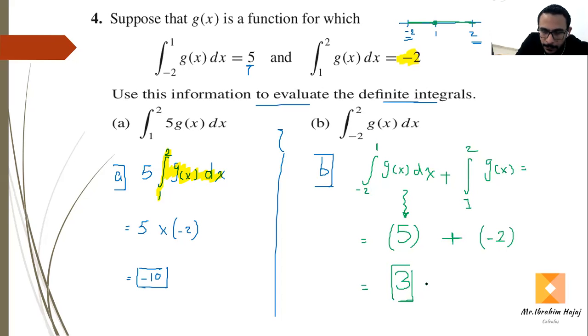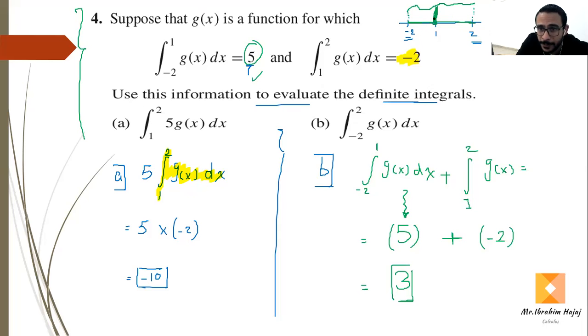But I got confused, where did we get the 5 from? It's given up here, Mr. Here's the whole question, Number 4. Suppose that g of x is a function. It's substitution, yes. It's given the area under this curve. Imagine it like this. I confused it with the question we solved in the first session, where you do plus and minus.